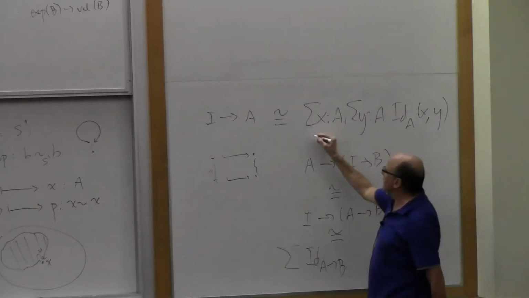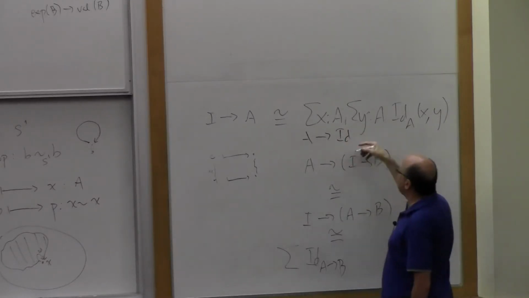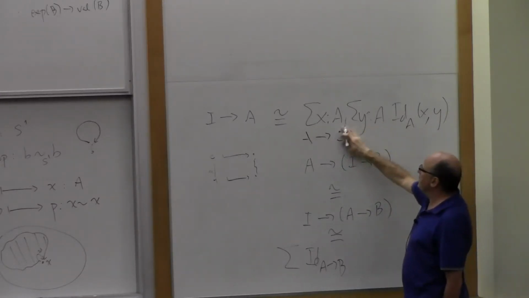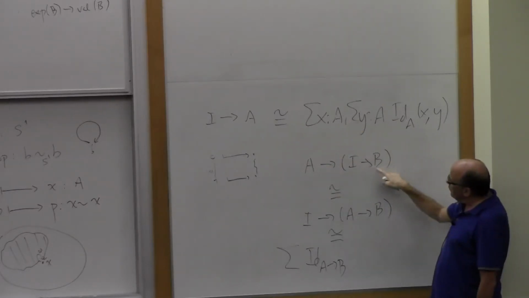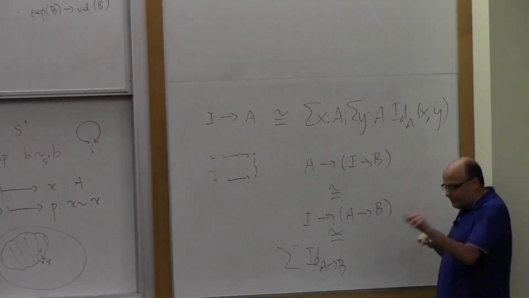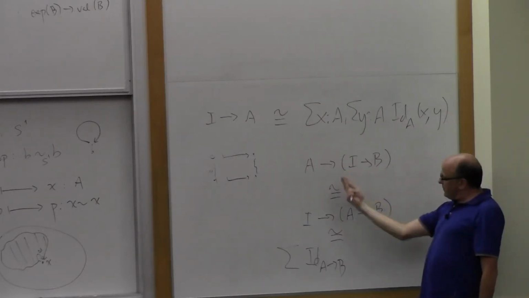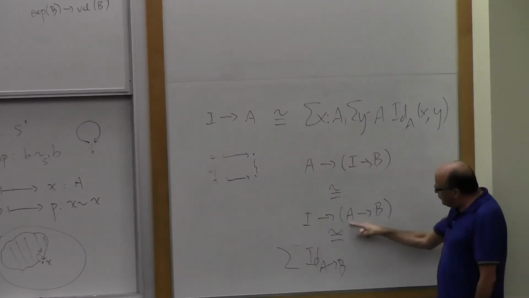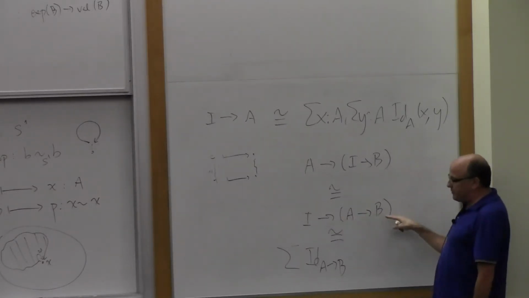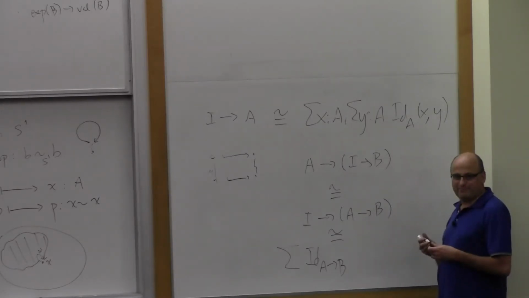For every A, you're given a path between mx and nx. That's the premise of extensionality. That turns into a mapping from I into B, which picks out mx and nx and the path between them that you're given. Then you just swap these two things. That's just a functional programming trick. And now you've got from the interval two functions, f and g, and a path between them, which is the proof that they're equal. That's the whole idea.